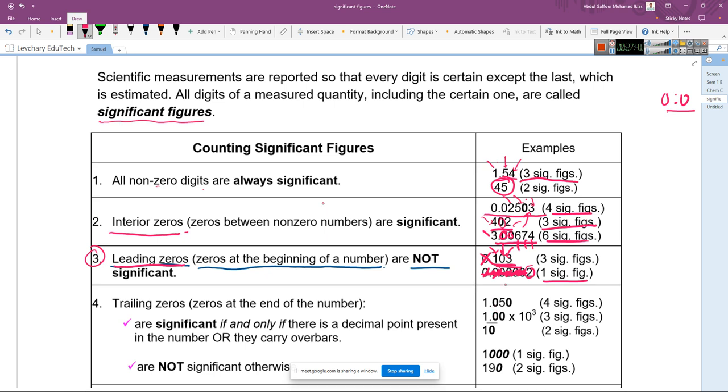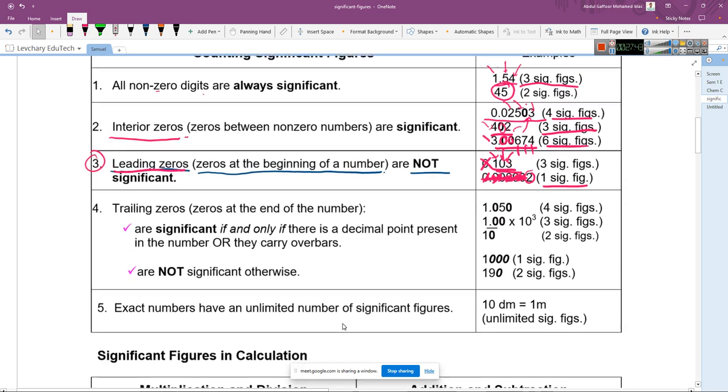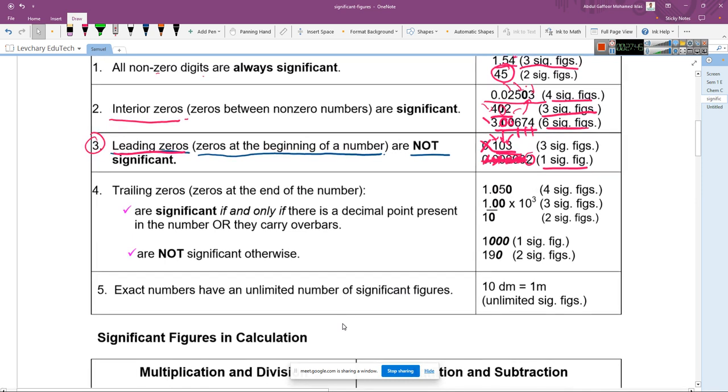And trailing zeros mean zeros at the end. The opposite of leading zeros is trailing zeros, like a tail. Here we have two rules.